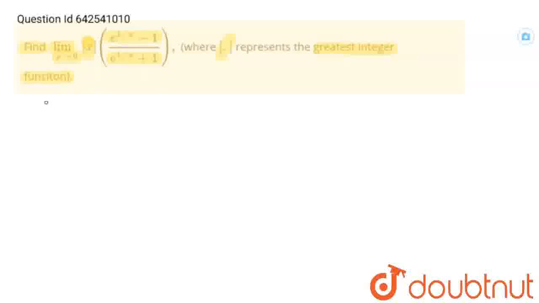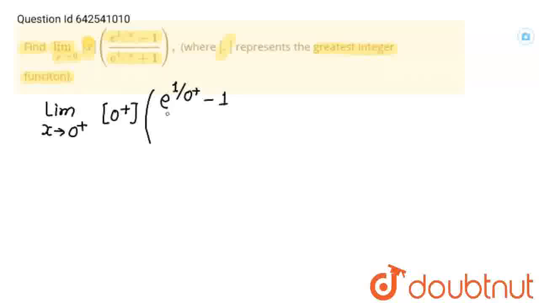Here first of all I am going to find limit x tends to 0 plus. So this will become greatest integer of 0 plus, times e to the power 1 upon 0 plus minus 1 upon e to the power 1 upon 0 plus plus 1.